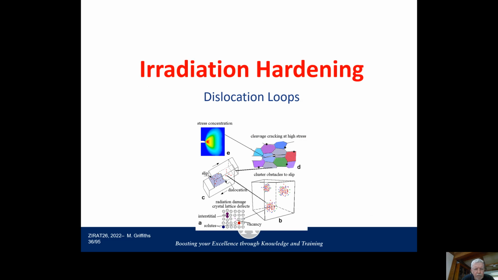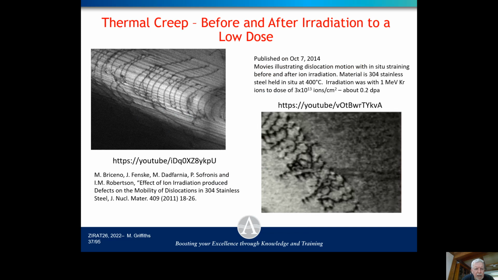So let's talk about loops. I mentioned displaced atoms and how they create damage. Here's a slide I took off the internet, off YouTube, by Robertson's group, showing dislocations moving in situ in a steel sample that's pulled without any radiation damage, without any displacement damage in there.